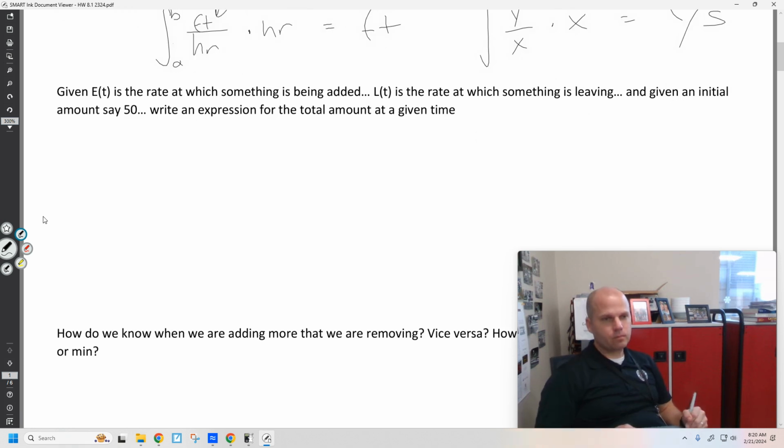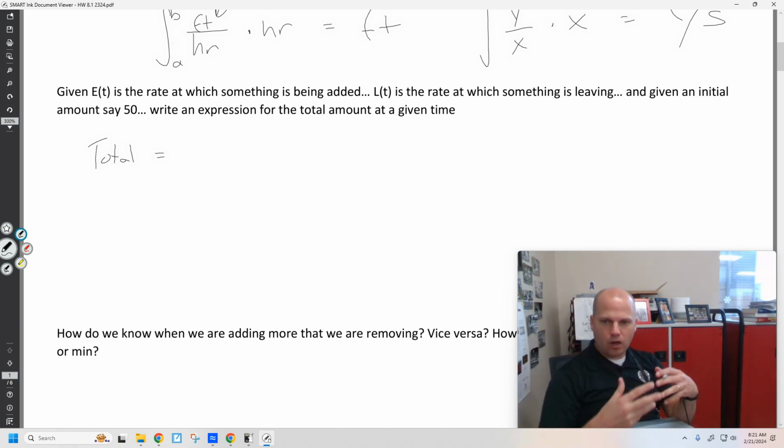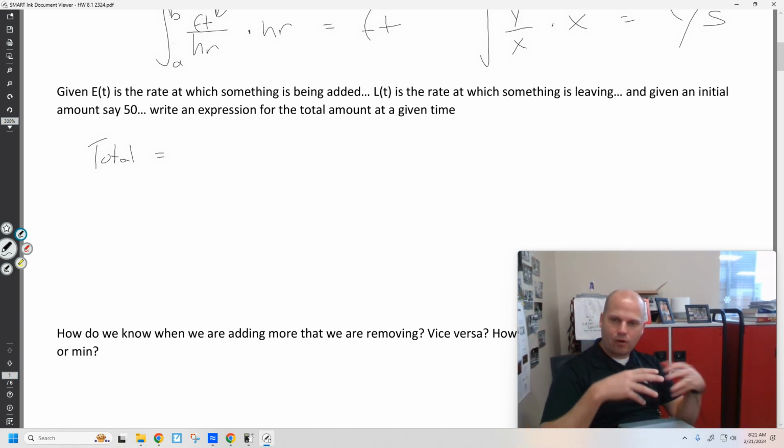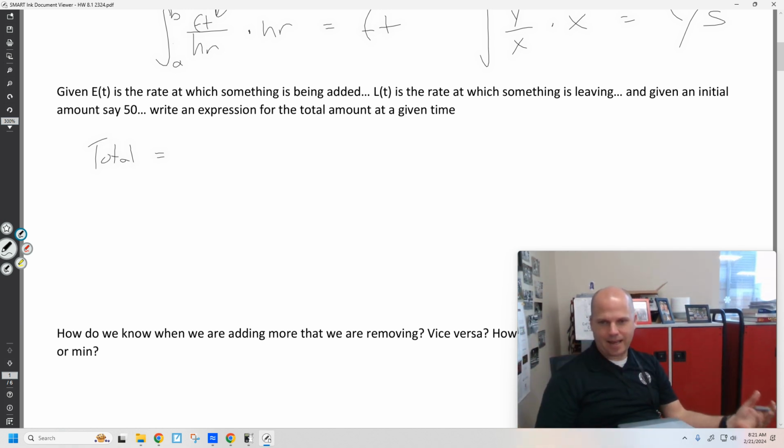All right. Here's what we discovered: we have multiple things going on. We have a rate in, we have a rate out. It's kind of easy to understand what a total is going to be if you have stuff coming in, stuff going out of whatever our situation, whether it's a tank or birds in a nest.